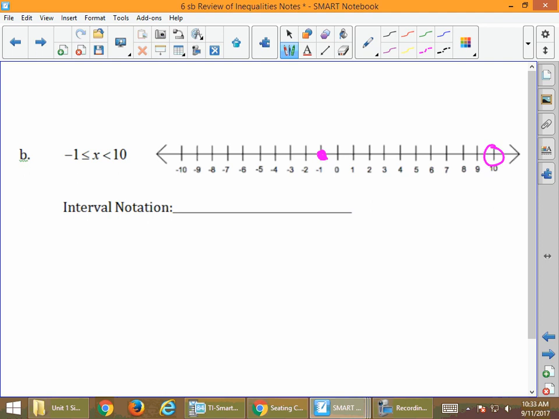So what we need then is everything in between. And then we're going to put it in interval notation. So when we write this, again, it could look like an ordered pair in interval notation, but it's going to start at -1, that's the smaller, to the bigger, which is 10. -1 has a filled in circle, so it's going to have a square bracket. 10 is an open circle, so it's going to have a parenthesis.